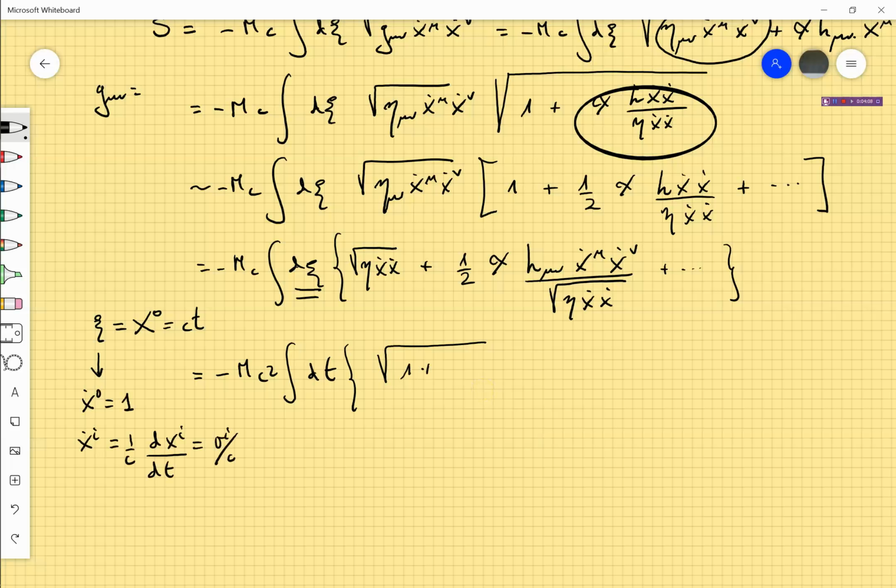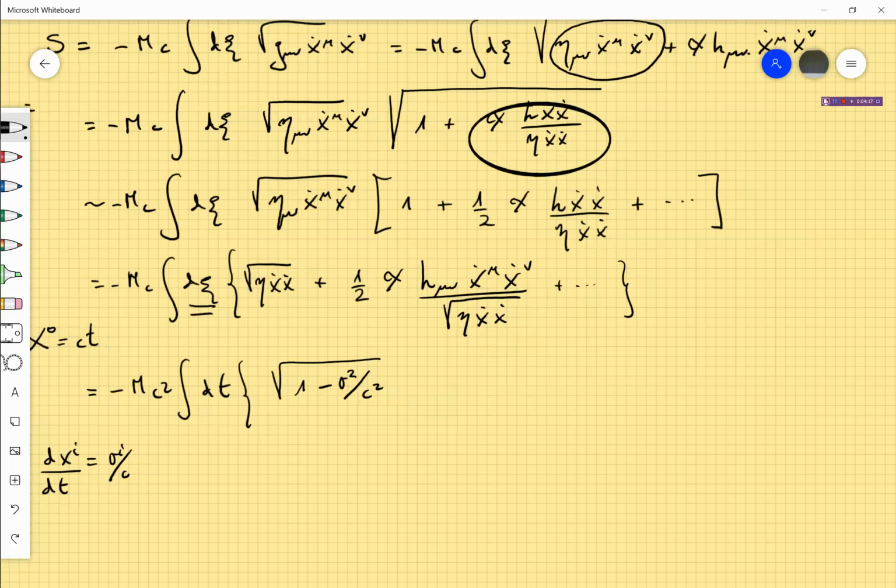So what we have here is minus v squared divided by c squared, with minus because of the signature of the metric. So this is the first term, plus a half chi divided by 1 minus v squared divided by c squared. And now we have to decompose this h mu nu x dot mu x dot nu into 0 and i components.